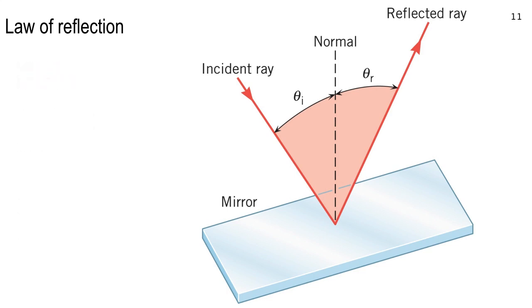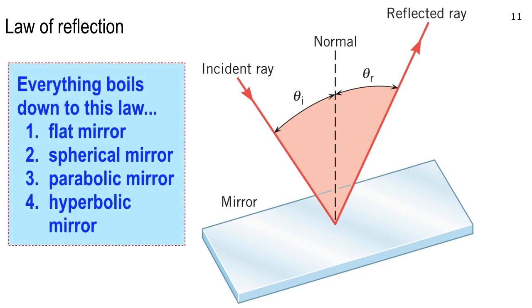So as I mentioned, everything that we do boils down to this law: flat mirror, spherical, parabolic, hyperbolic. Parabolic is the shape of a mirror that you use if you want a spotlight. So a beam like in a movie theater where they want the light on one person only, you know, for dramatic effect.